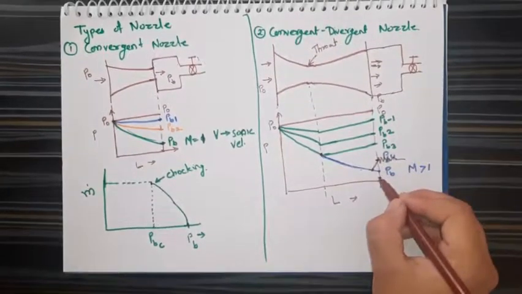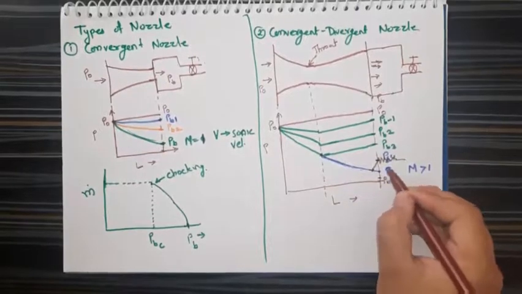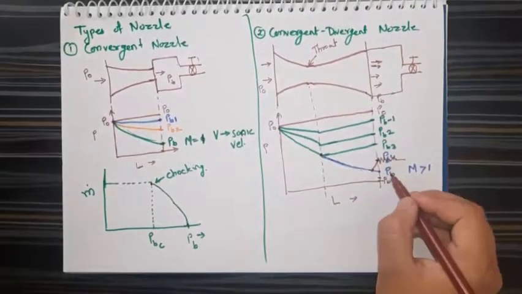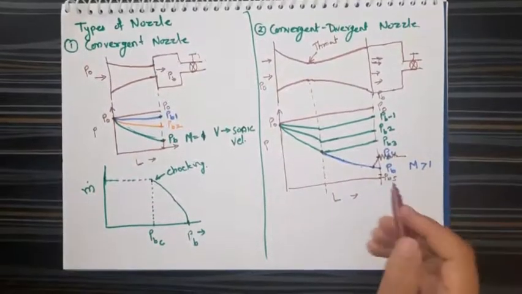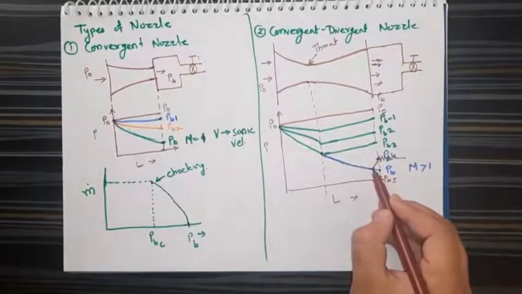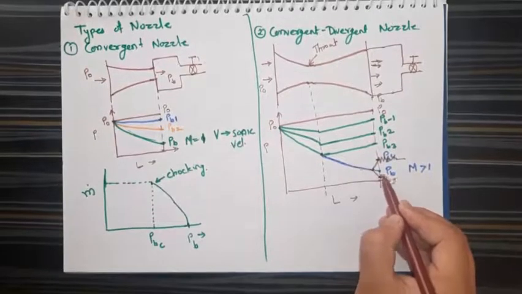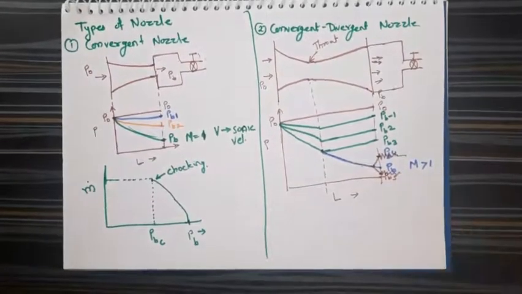Similarly, if the pressure is below this known pressure, where you get a supersonic velocity, say PB5, again it will reach somewhere here, and to catch up to this pressure you will suddenly observe a shock over here.